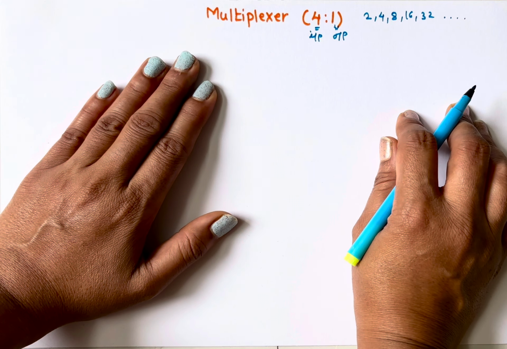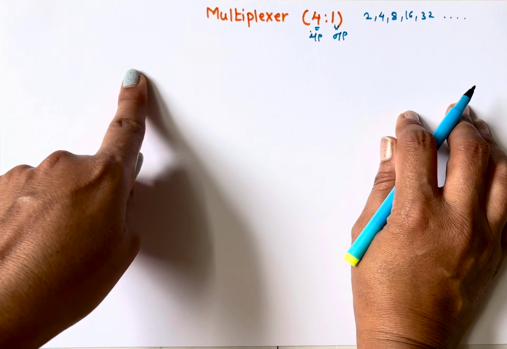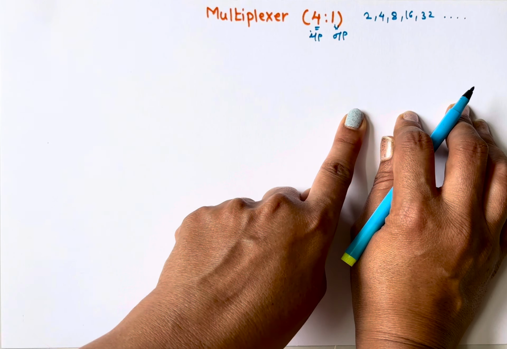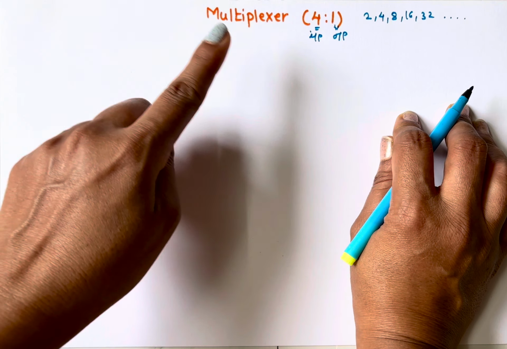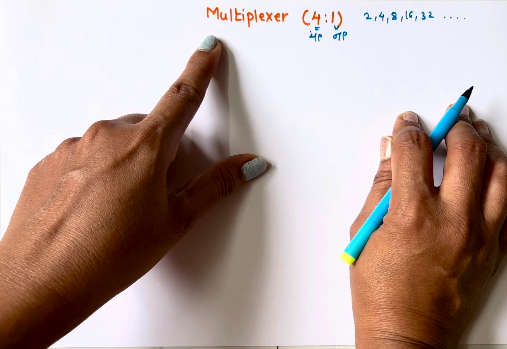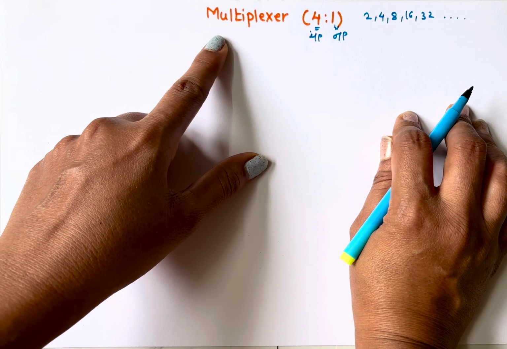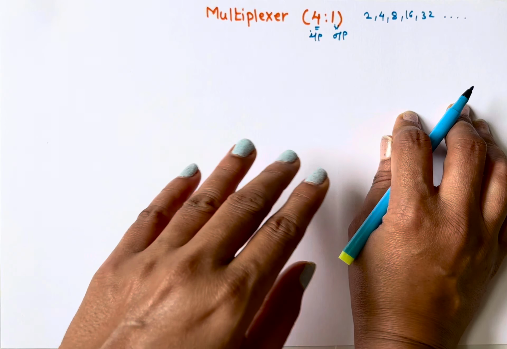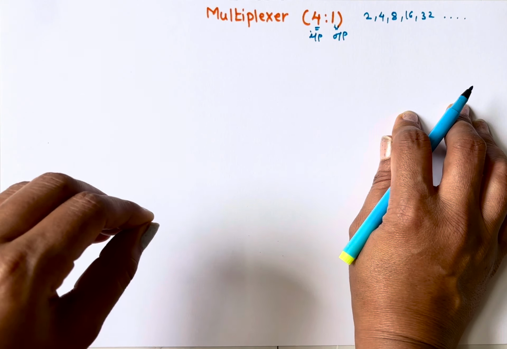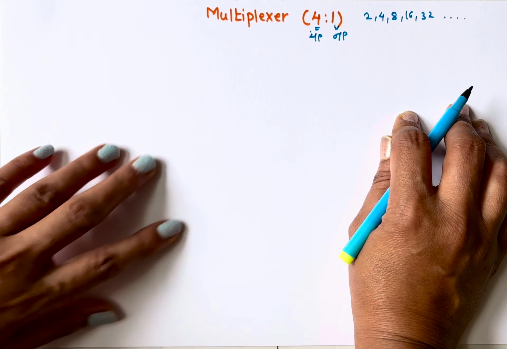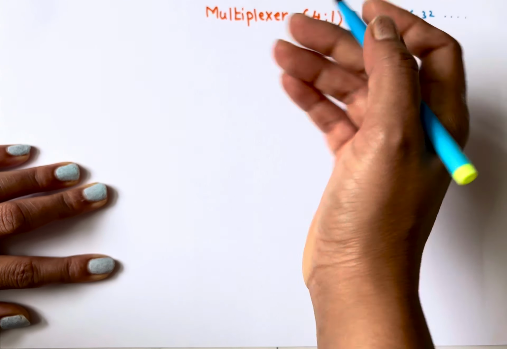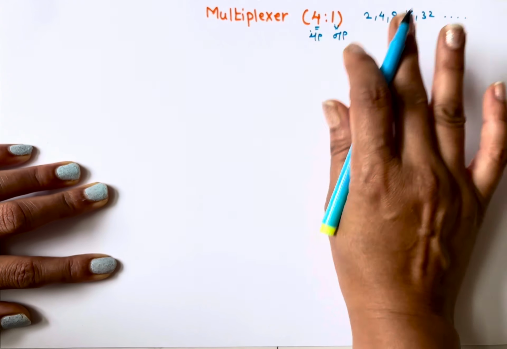The job of a multiplexer is to choose one input and pass that input to the output side. The bigger advantage of using a multiplexer is that we can implement any logic, any gate, using a multiplexer. I'll demonstrate how to implement, let's say, an AND gate and an inverter using a multiplexer.